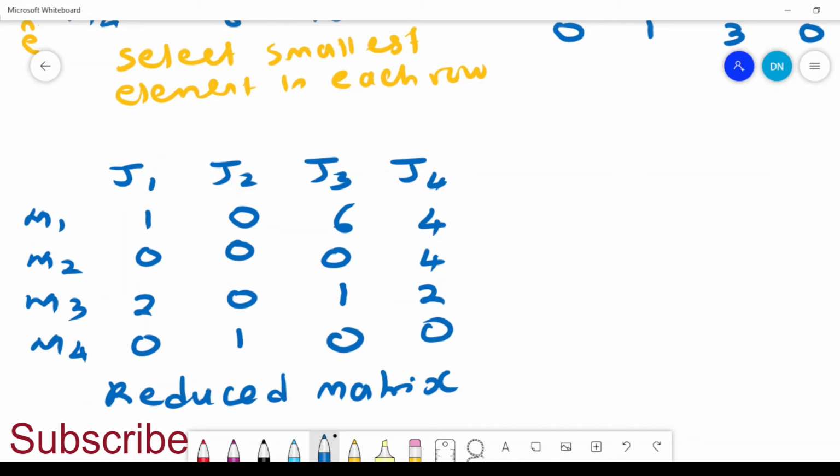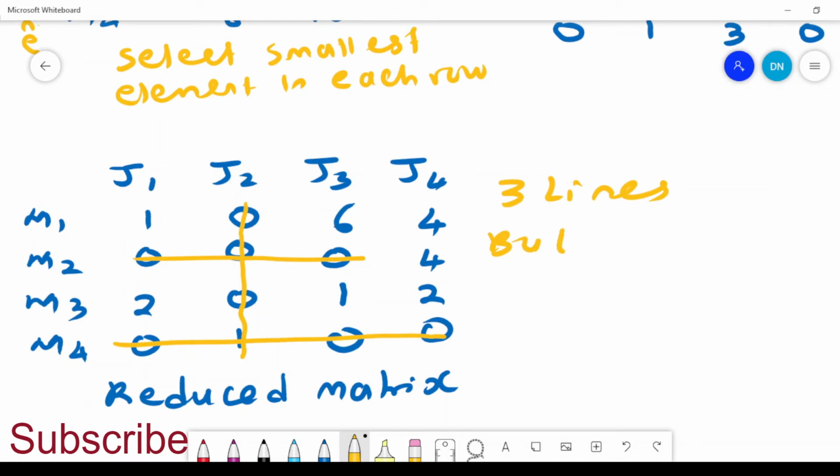So we want to cover the zeros with the minimum number of lines, both horizontal and vertical lines. So we have 3 lines, but 4 rows and 4 columns.